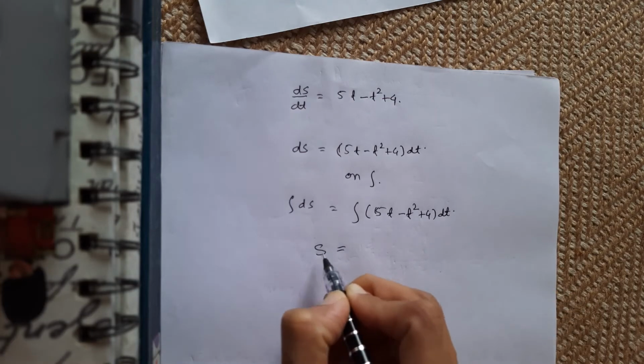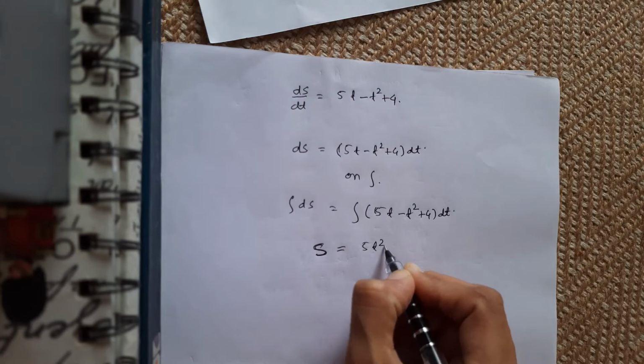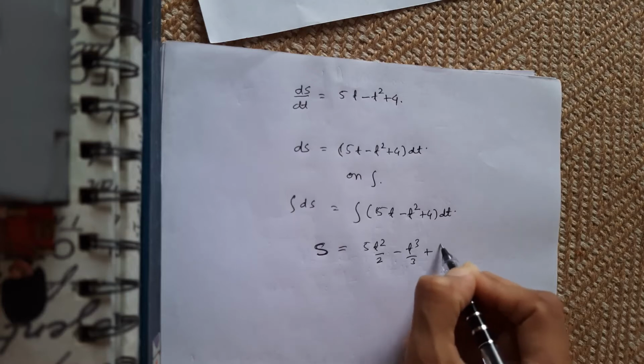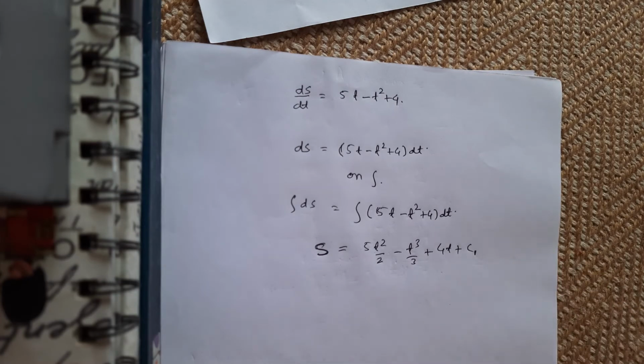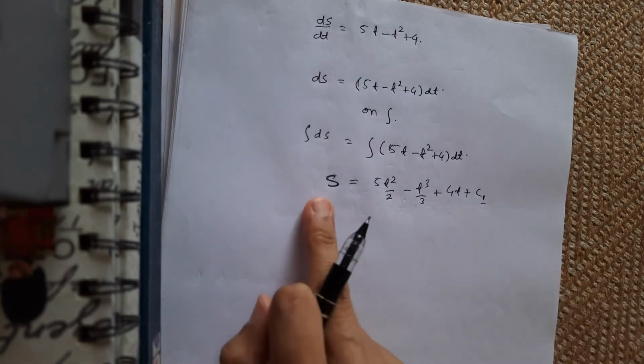So s, which is nothing but distance, equals 5t square by 2 minus t cube upon 3 plus 4t plus c1. I am writing c1 because c we already have used.